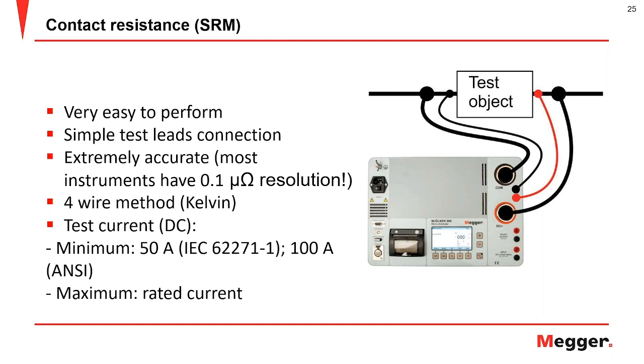This test will measure the main contact resistance, but it will not give you an indication of the arcing contact condition. For that, we need to use an advanced method, dynamic resistance measurement.